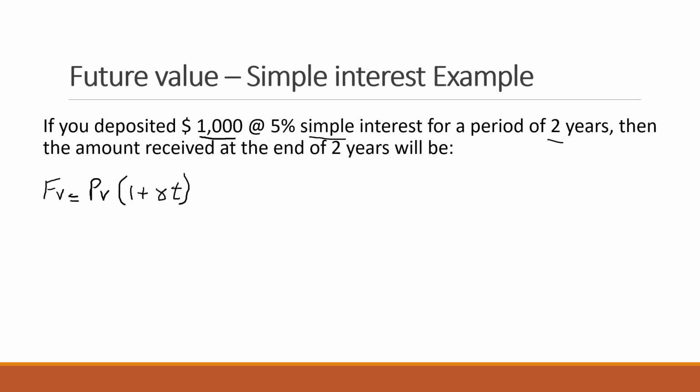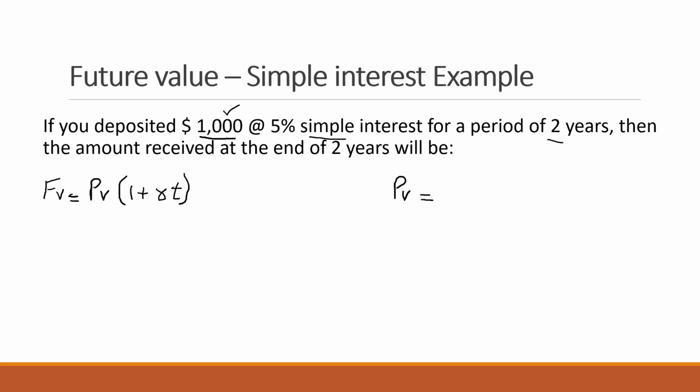So the first thing is we have written the formula: future value is equal to present value into bracket 1 plus RT. Now we replace whatever values are given. We need to find the future value. Present value is given: the amount deposited, $1,000. This is my present value.